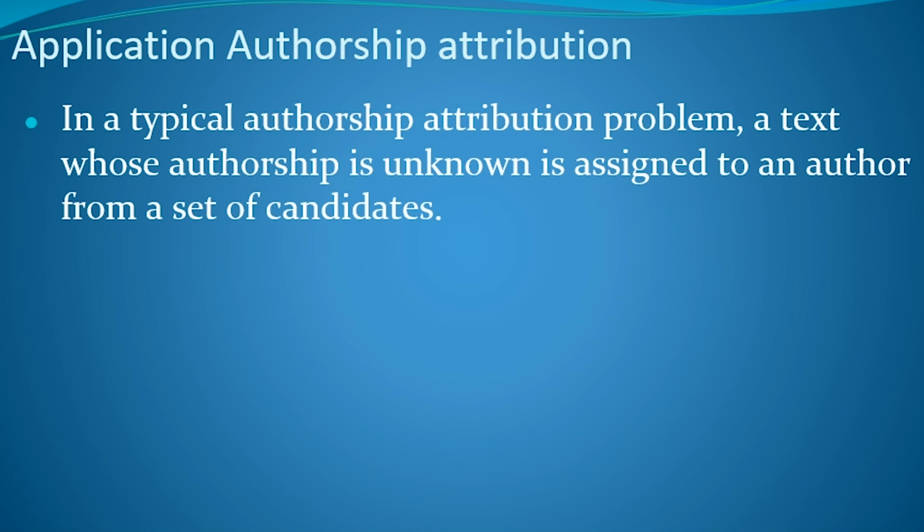So in a typical authorship attribution problem, a text whose authorship is unknown is assigned to an author from a set of candidates. So there are different authors, a set of candidates, and the style of writing: whose style is this? Their letters are there, their documents.